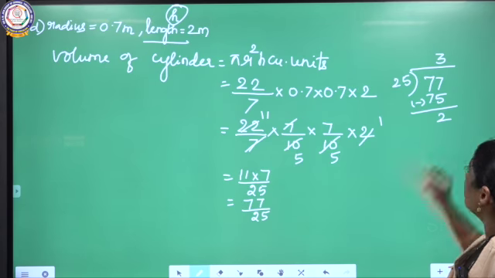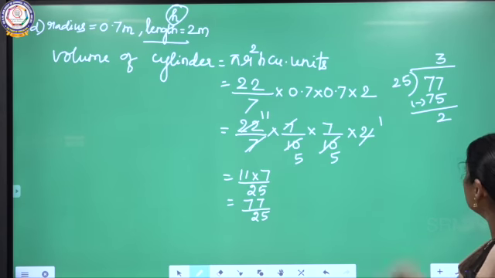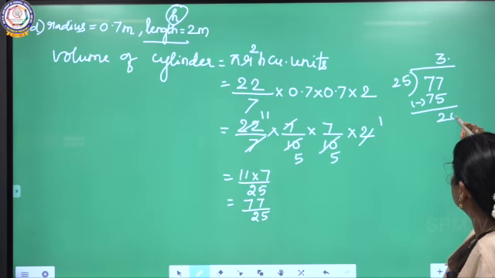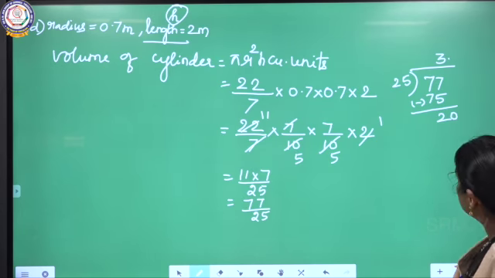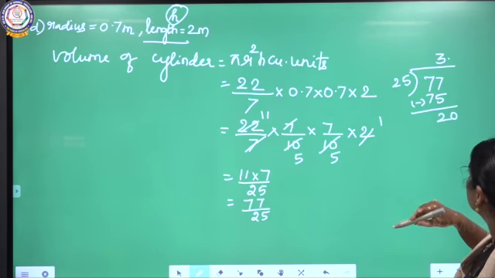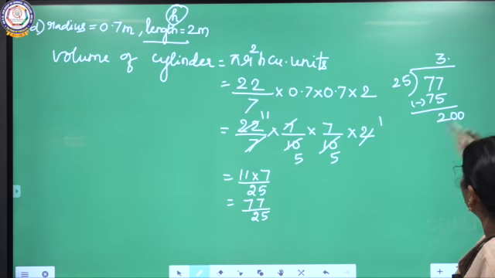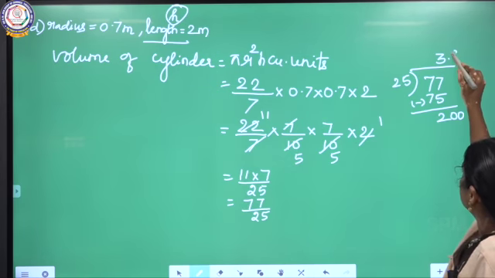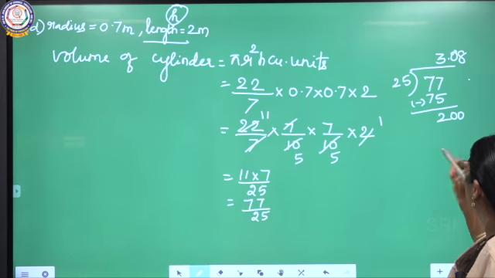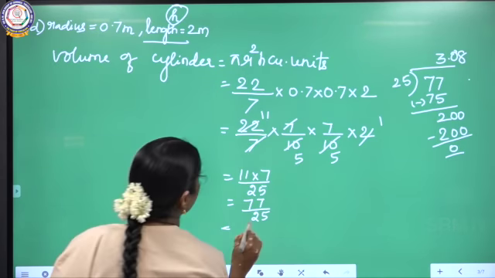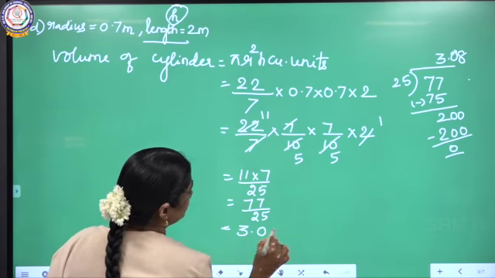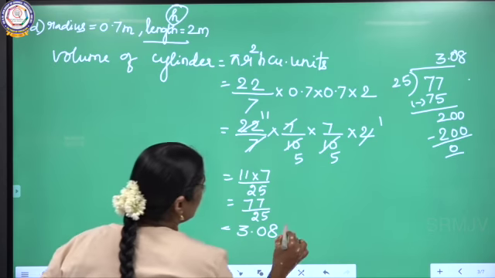So the balance is 2. Next, keep the decimal and add the 0. Even after keeping the decimal and adding the 0, you are not able to divide this. So what do you have to do? Add one more 0 and 0 8. Got it? So 25 8s are 200. So the answer is 3.08. What is the unit given here?